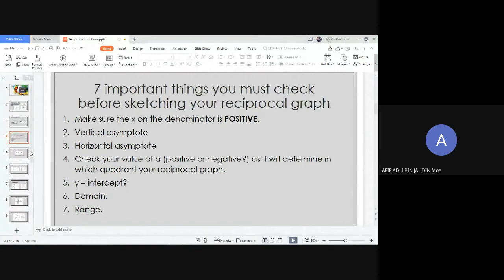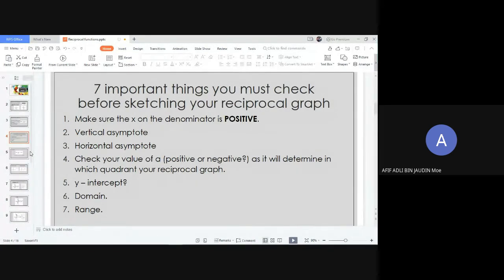The next thing is you have to look at the y-intercept. How to find the y-intercept in this equation? By substituting the x value with 0, and then simply solve the equation, and we will get the y-intercept, the value of y.